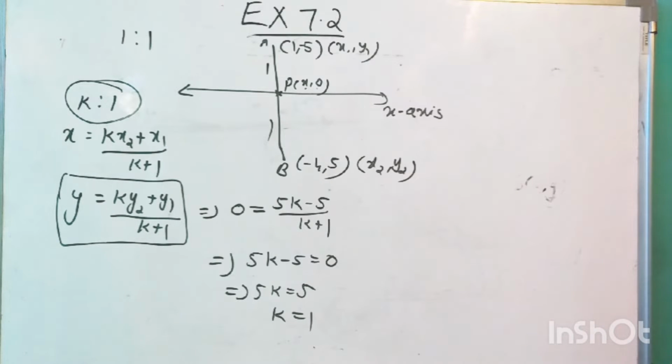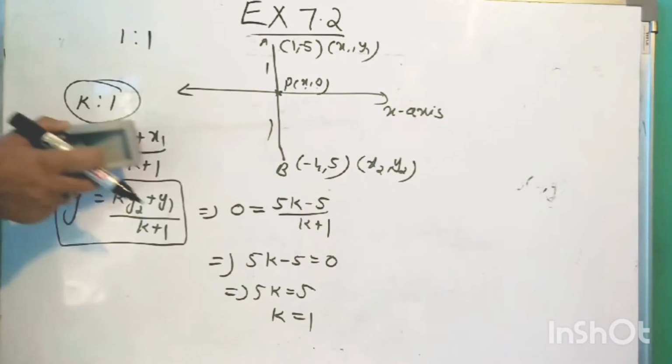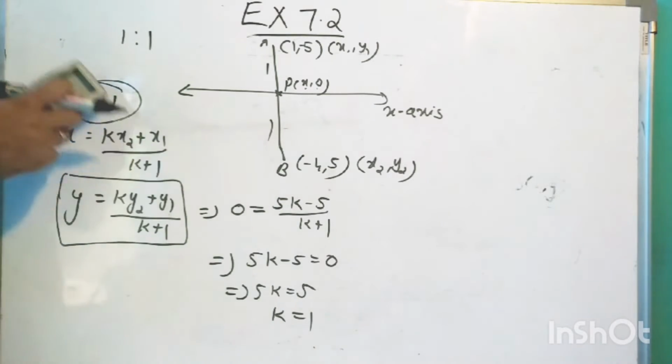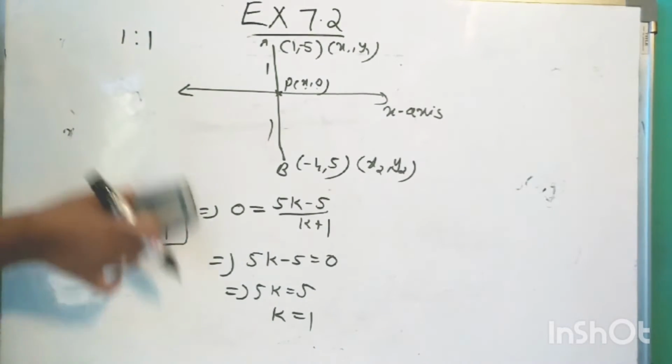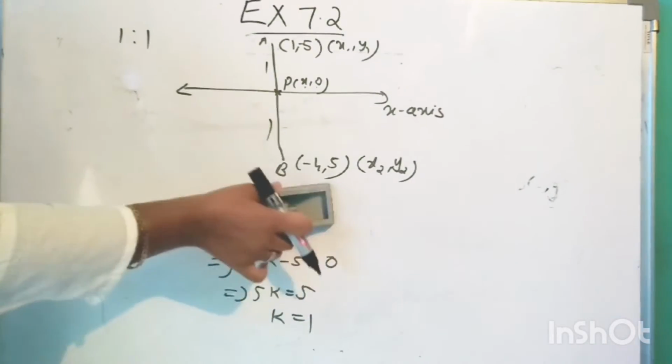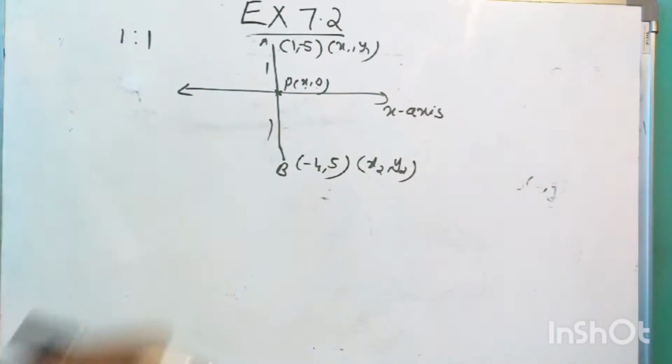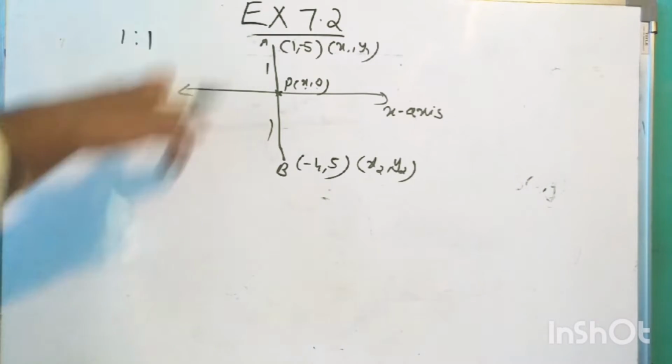Now we need to find out the point of division also. For that, no need to find out the y coordinate, that is 0. Now we are going to find out the x coordinate. Since that point divides our line in the ratio 1 is to 1, that means this point is the midpoint of our line.